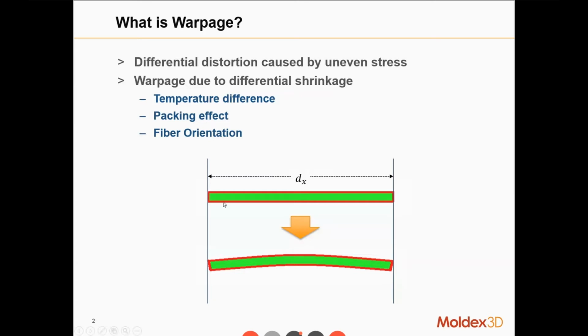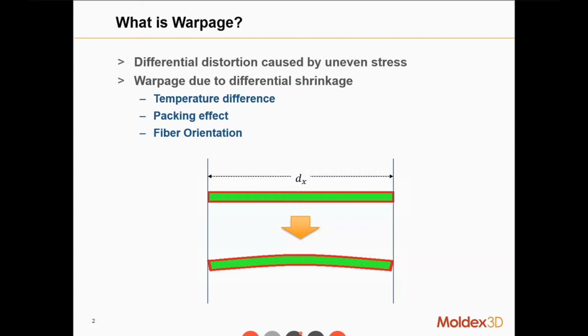Warpage is caused by differential distortion, just like the sample here. You can see this plate has warpage, and it will warp downward. Uneven stress leads to shrinkage, so this part will start to warp downward.